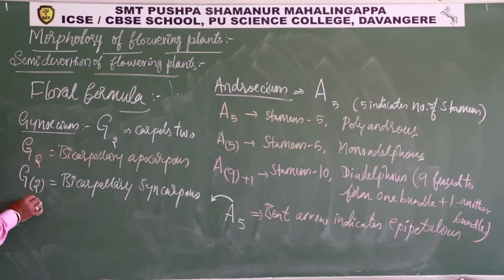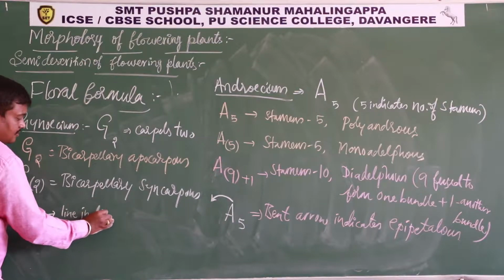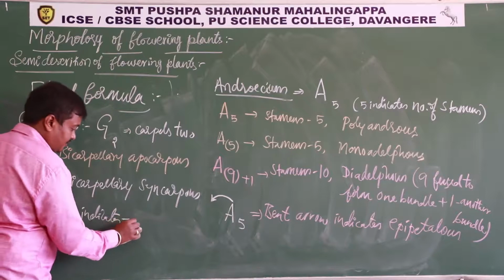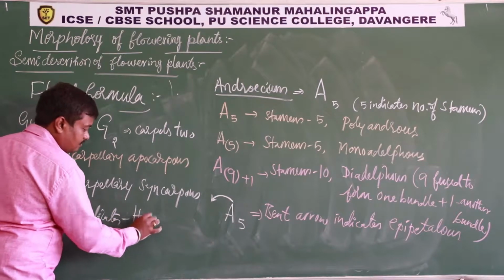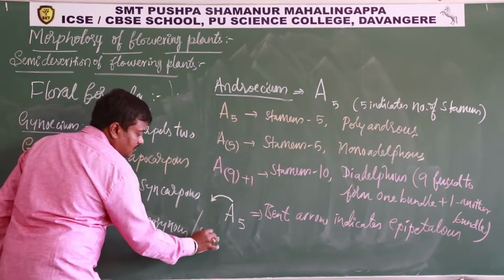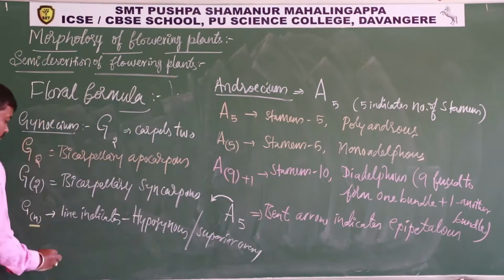So next is whether the ovary is inferior or superior. G can be followed by any number. If you write a line below it, this line indicates it is hypogynous, or superior ovary.